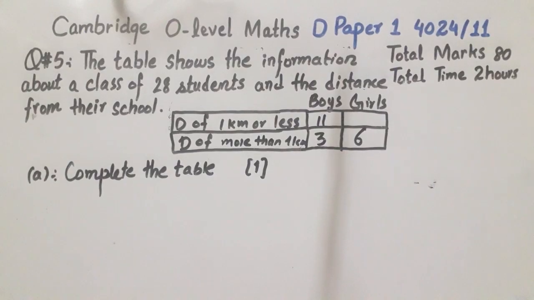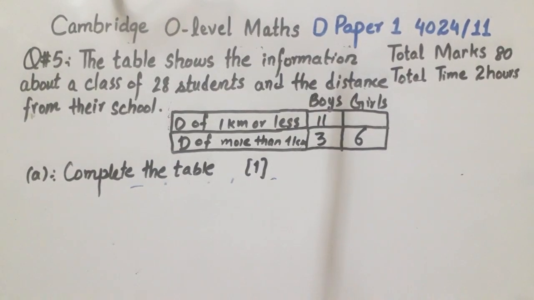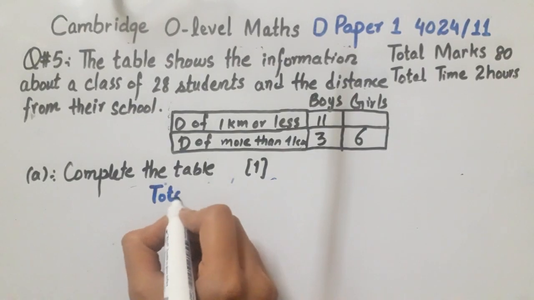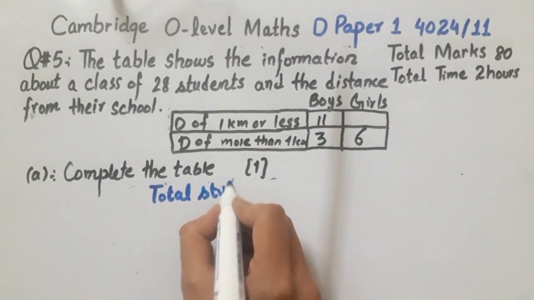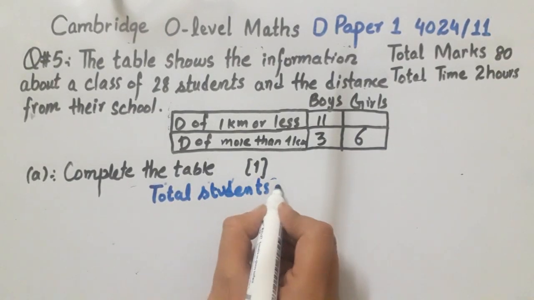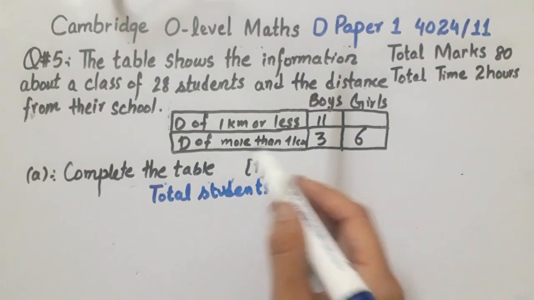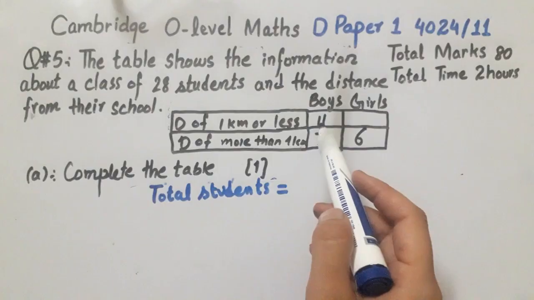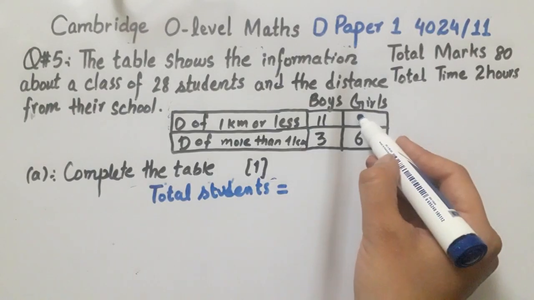So we will solve this very easily. First of all, we will write the total students that are equal to the distance from 1 kilometer or less.